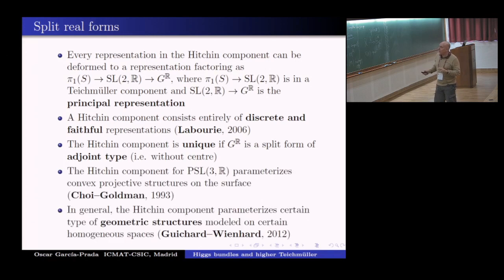So there was this question about the geometric meaning of this. In fact, Hitchin asked this question: here we have something that in a sense generalizes Teichmuller space, because it consists entirely of discrete and faithful representations.